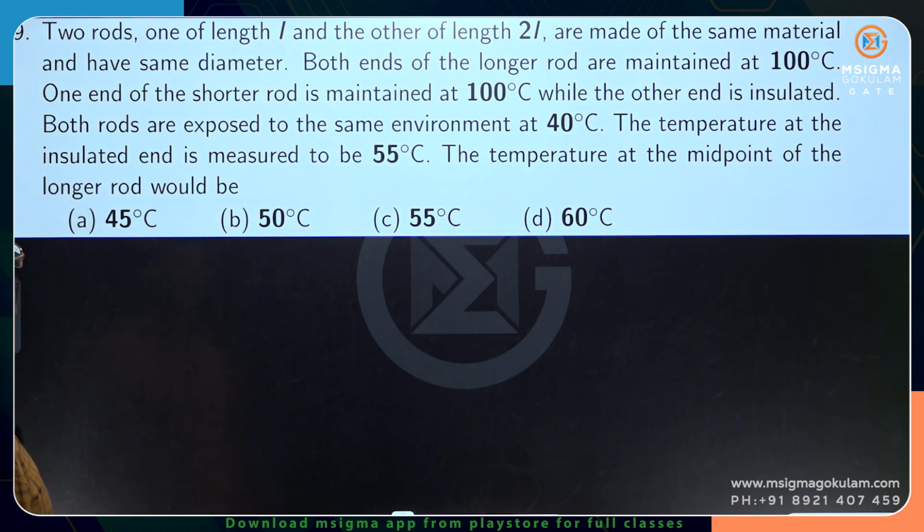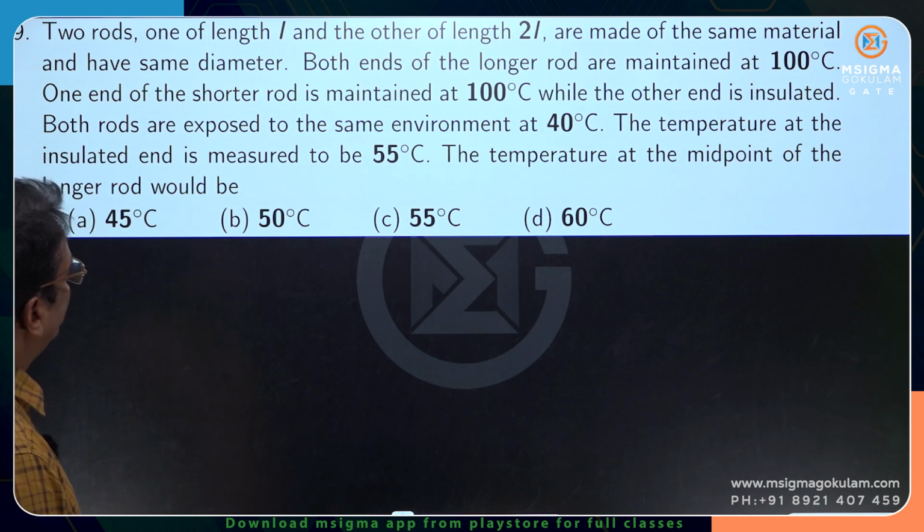This is a very good question regarding fins. Two rods, one of length L and the other of length 2L, are made of the same material and have the same diameter. Both ends of the rod are maintained at 100 degrees Celsius.